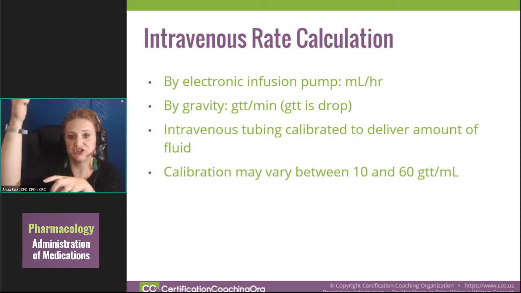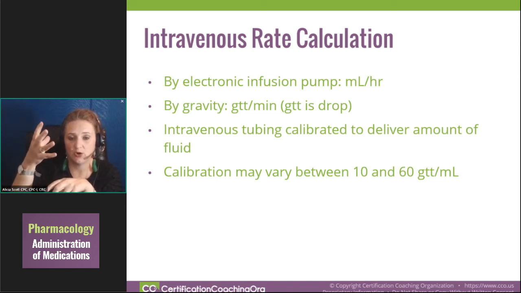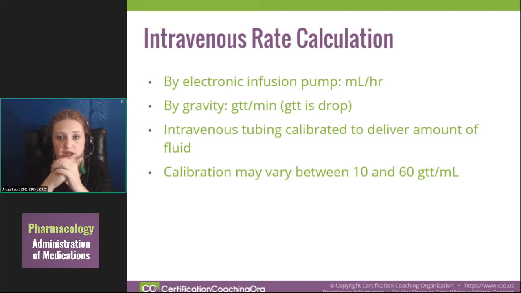If it's electronic, the machine is regulating the tubing, opening and restricting it. You can say, okay, I want this given in 1 hour. I want this given in 3 hours. This is really critical with machines when you're giving chemotherapy, right? You may be in there for 6 hours getting chemotherapy, but the first infusions may be things like Benadryl and Zofran, to counter the effects of the chemo they're going to give you.